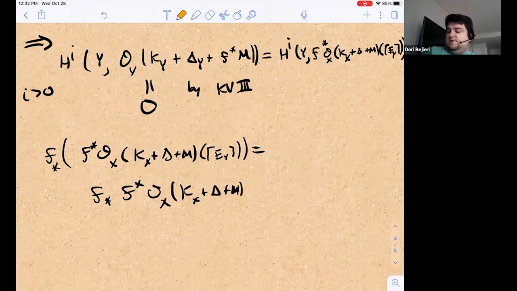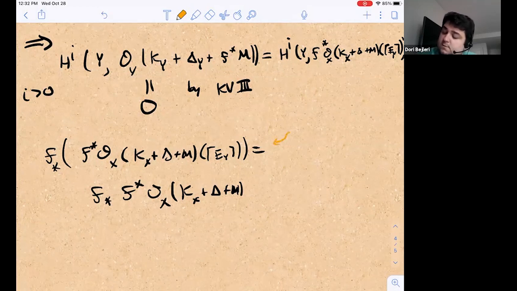In that argument, what we really said was that whenever you're twisting by effective exceptional divisors for a birational map, then when you push forward, they don't contribute any sections. The same thing holds true here because this round up is effective and exceptional. So this push forward is the same as the push forward of the untwisted sheaf.